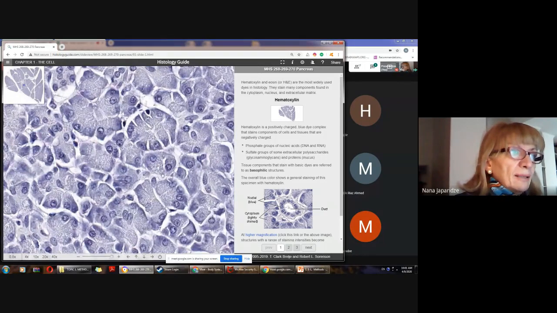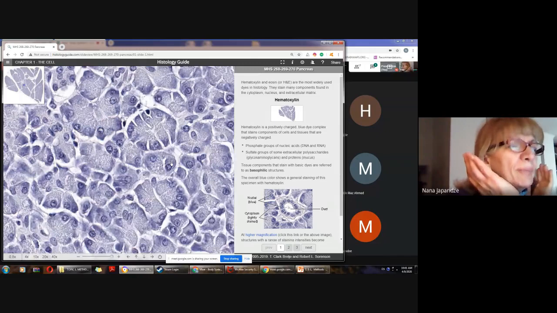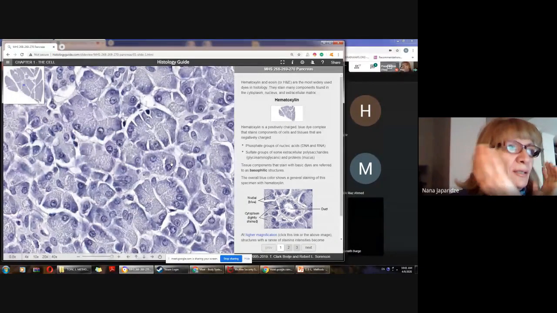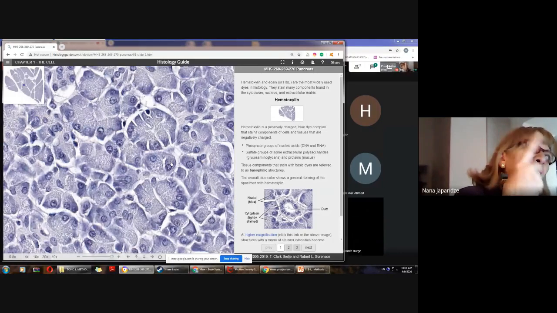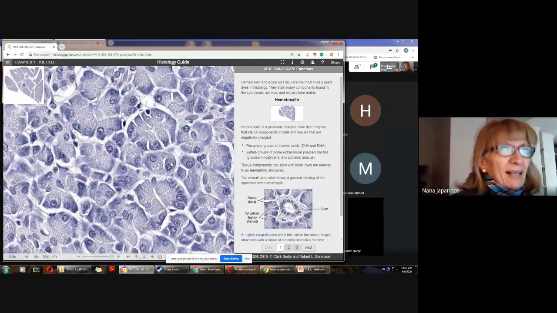How can we identify the nucleus? We have to remember that the nucleus is usually round or oval shaped. When you want to identify a cell in the tissue, you have to know its main morphological features.